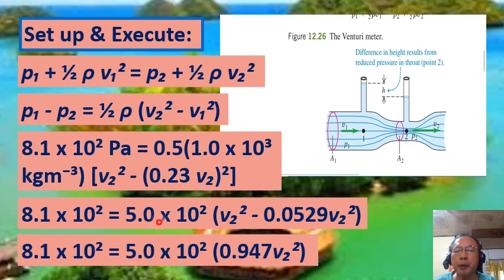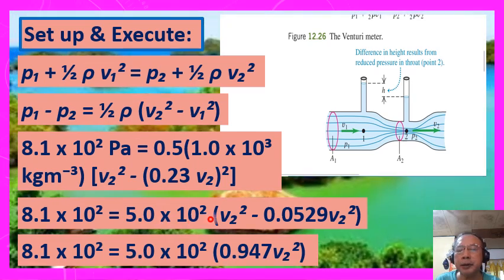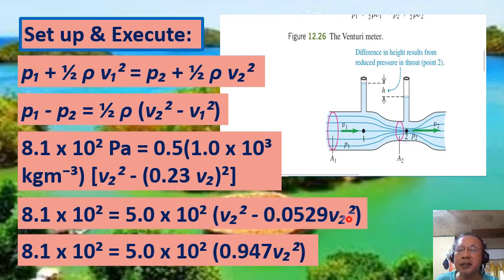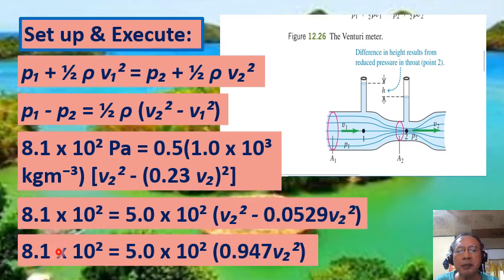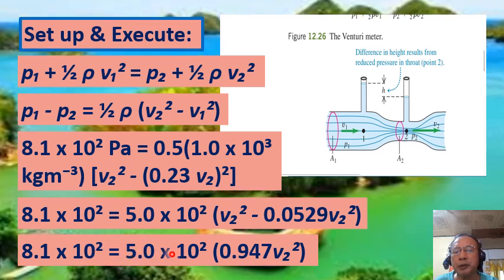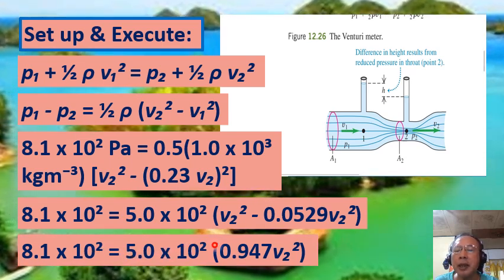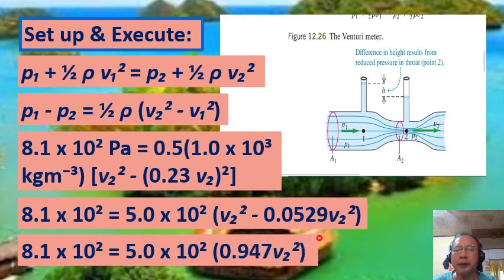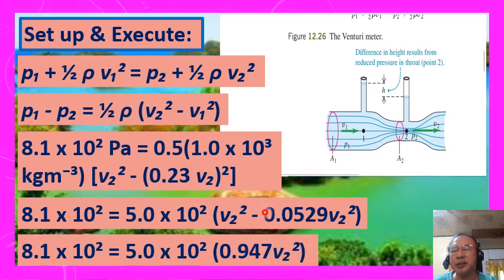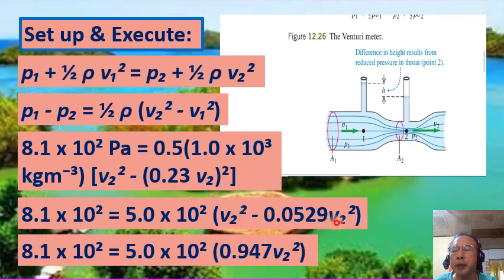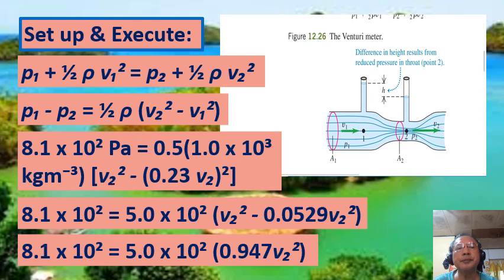So multiplying 5.0 times 10 to the second power by the quantities inside the parentheses, we come up with 8.1 times 10 to the second power equals 5.0 times 10 to the second power multiplied by 0.947 V2 squared, which is the result of getting the difference between V2 squared and 0.0529 V2 squared.